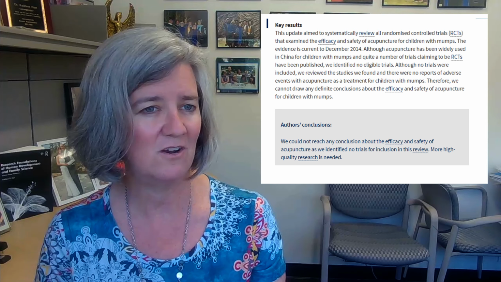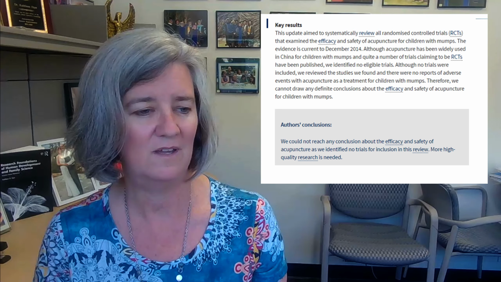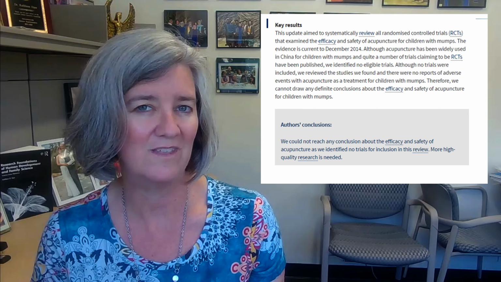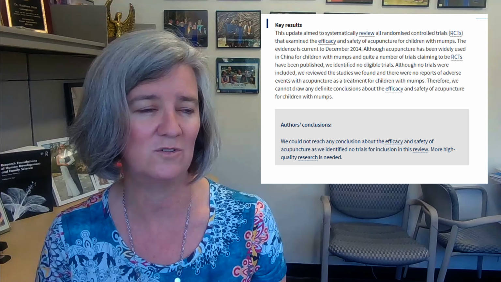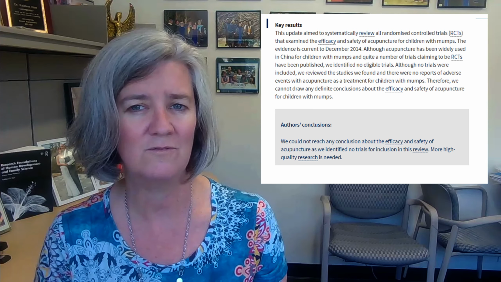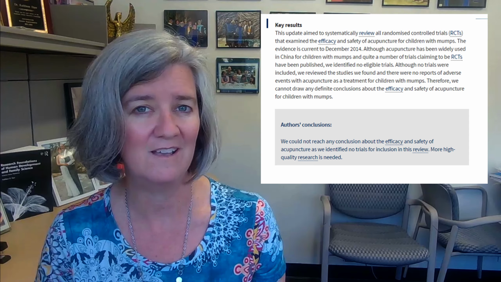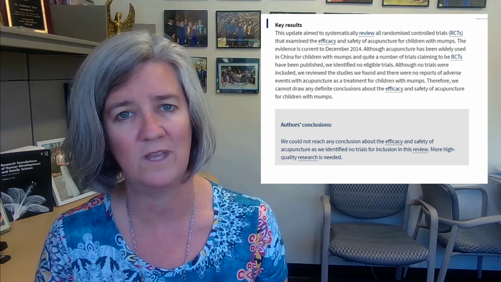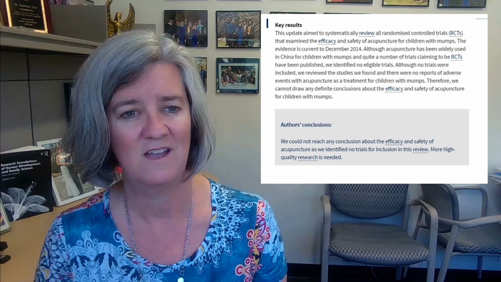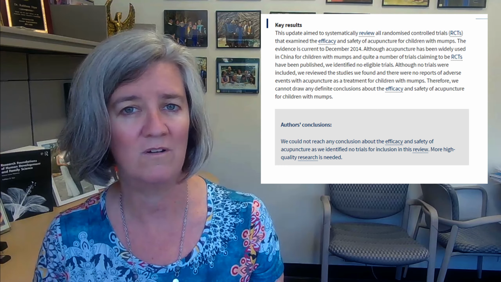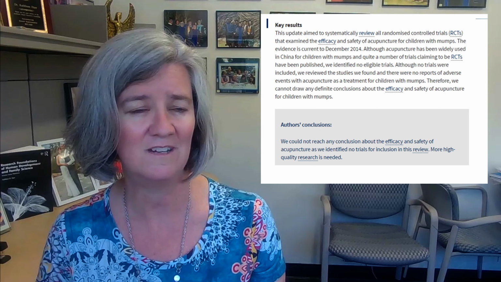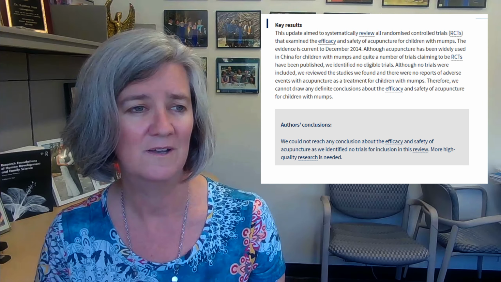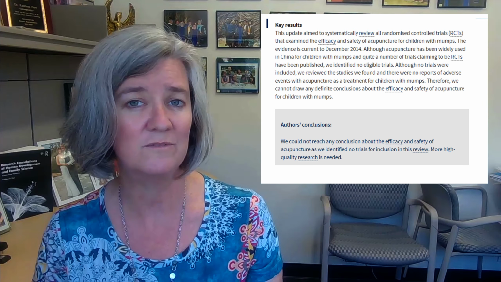And I share this study to convey one of the downsides of a systematic literature review. The systematic literature review can only be as good as the existing evidence allows. And many topics that we care about in child and family science don't have high quality studies already conducted on them. And so the literature reviews aren't going to be that useful.